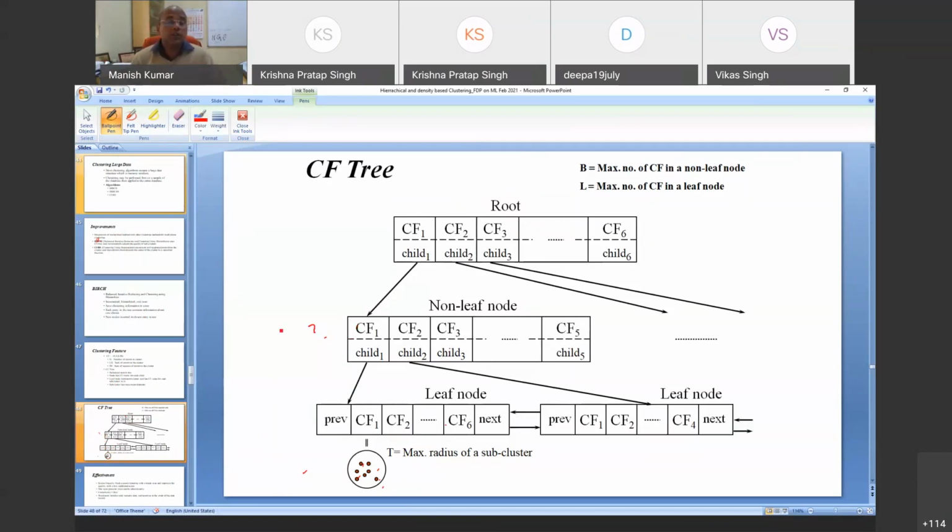The question is, when a new sample comes, say D128, where will this D128 be kept? Suppose the answer is that D128 should be part of this cluster, because it is very close to most of the points of this cluster. Then certainly you have to keep it there.